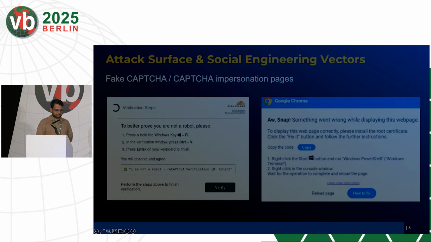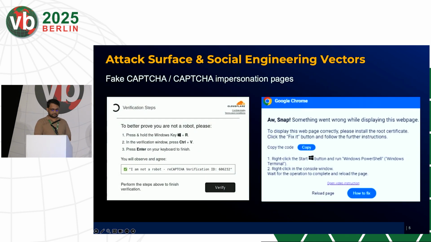Okay, so we'll see the attack surface. Attackers are heavily leveraging fake CAPTCHA or CAPTCHA impersonation pages as a social engineering technique, especially in campaigns like ClickFix. These deceptive pages take advantage of the trust users have in CAPTCHA.